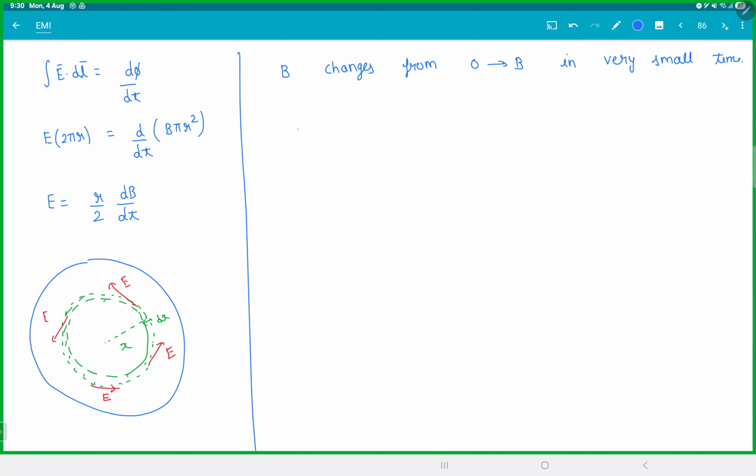Now, the torque on the ring will be tangential force into radius. So torque on the ring, the tangential force will be E into the charge on the ring.